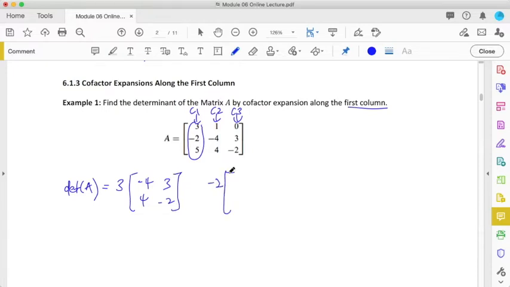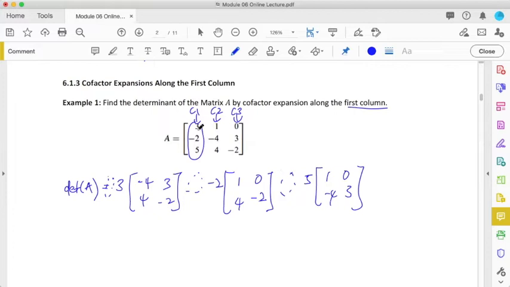And if you cover row 2 and column 1, you get this 2 by 2 matrix. And finally, you take coefficient 5, and if you cover column 1 and row 3, you will get this matrix. Okay, so again, you need to find the sign pattern of each of these coefficients.